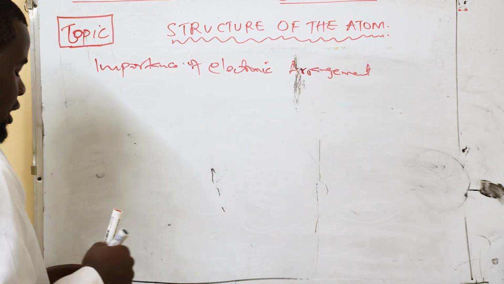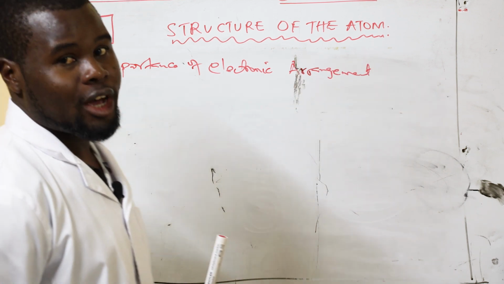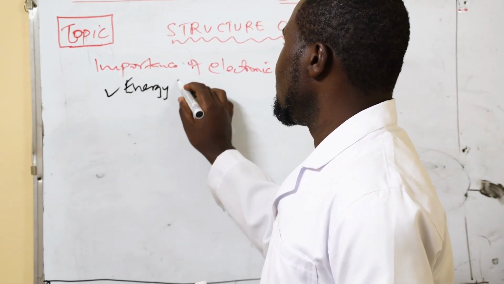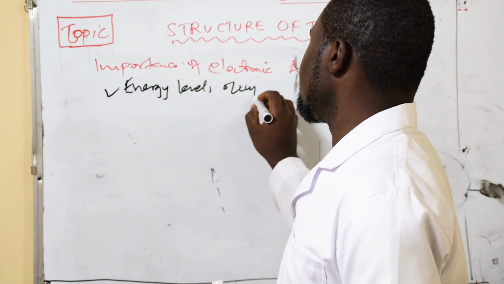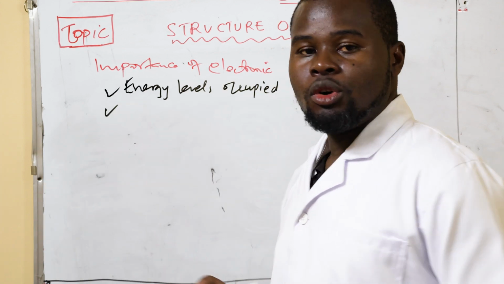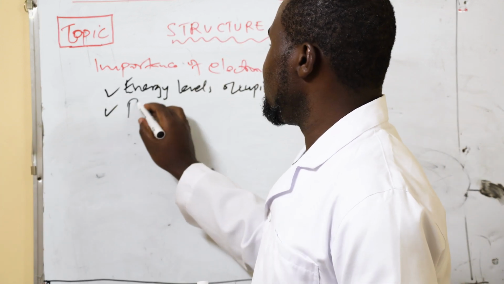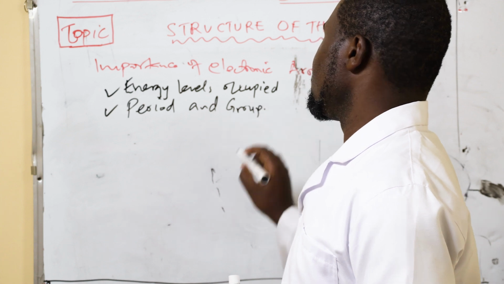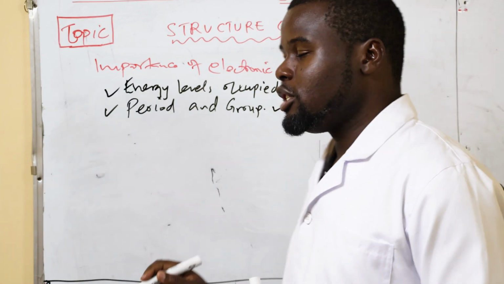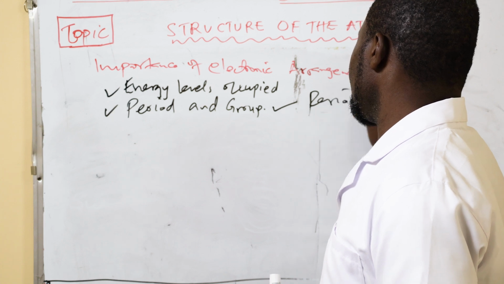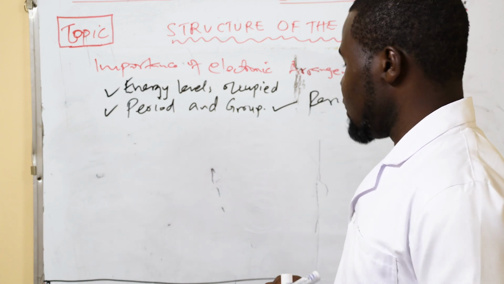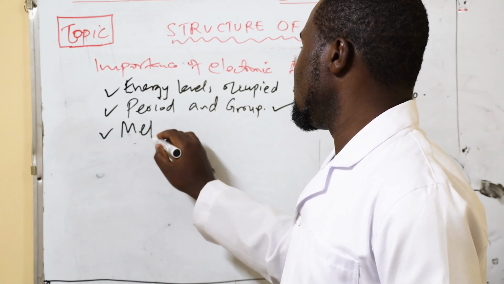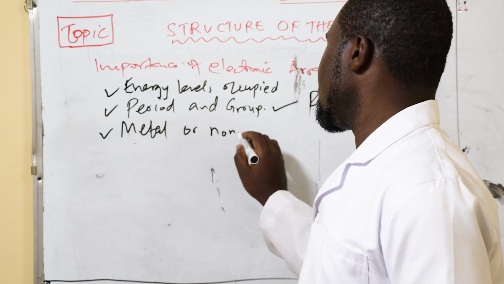Now, from the electronic arrangement, one, we can be able to know the number of energy levels occupied. Two, we can also talk about period and group. This one here, we will talk about it under periodic table as our next lesson. Then we can also know whether it is a metal or non-metal.